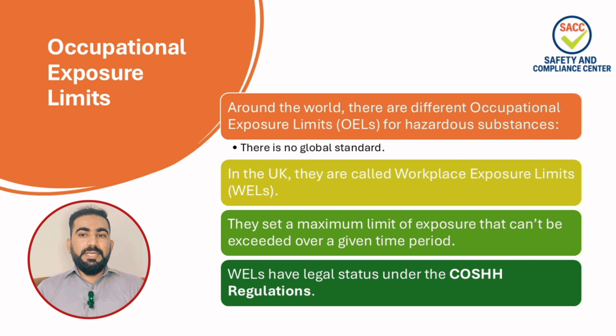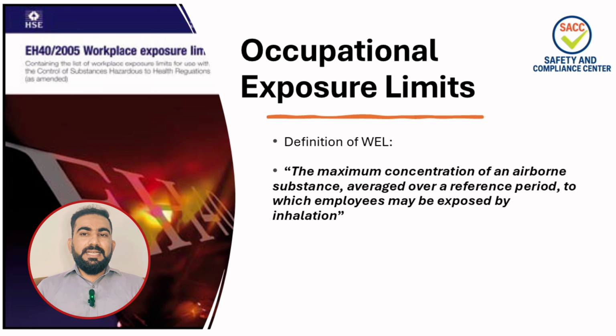Simply put, the workplace exposure limit sets the maximum amount of a hazardous substance that the worker can be exposed to, and the limits must not be exceeded over a defined period of time. So, while the idea is the same globally, to protect the workers, the actual numbers and the rules can vary depending on where you are. So, what exactly is a workplace exposure limit?